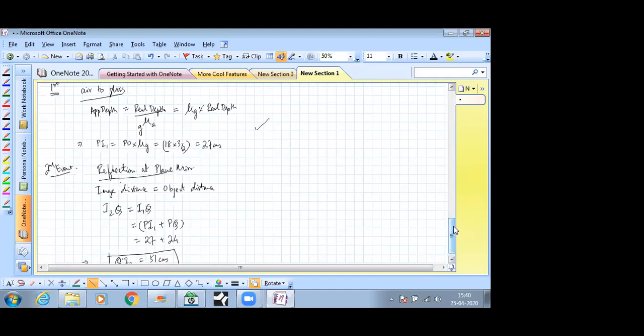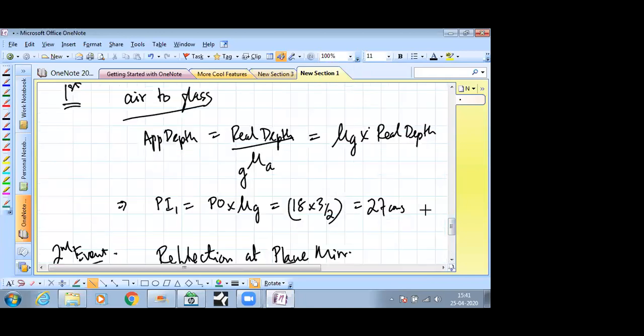These are the first and second events solved according to the ray diagram made above. Okay, so let's solve the third event.